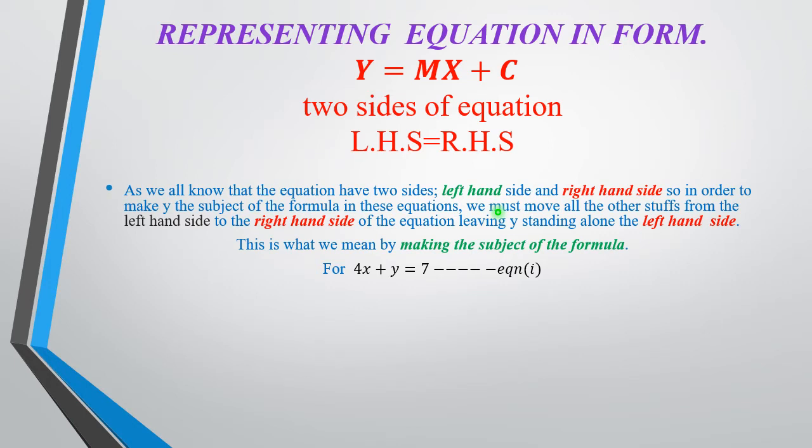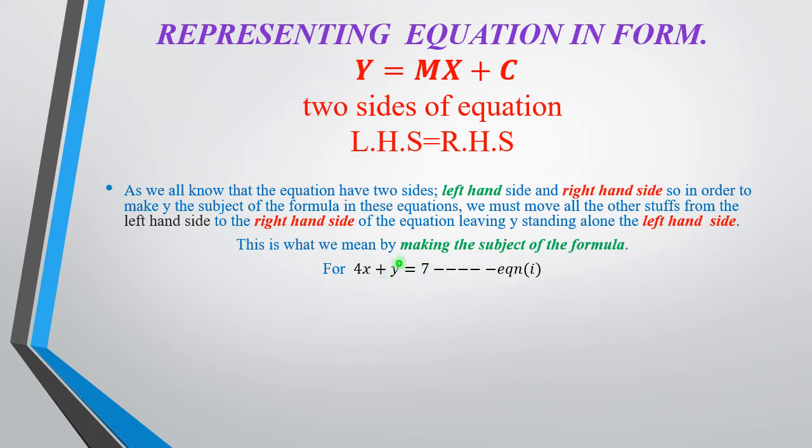For example, in equation number 1 from the slide before, 4x plus y is equal to 7. Our target here is to make y the subject of the formula, and by doing that we are going to subtract 4x from both sides.